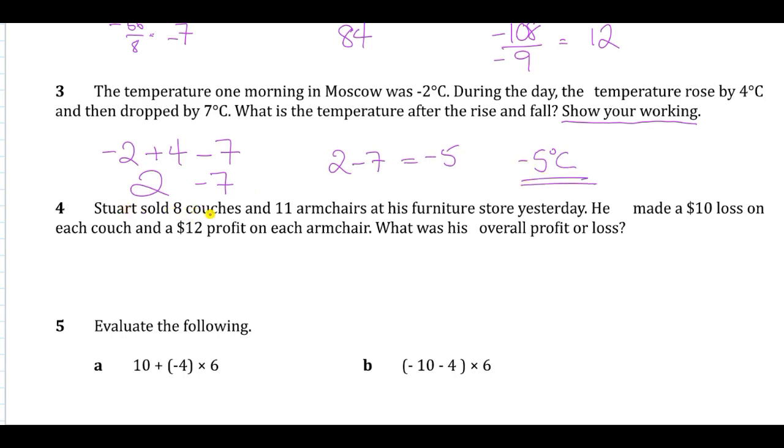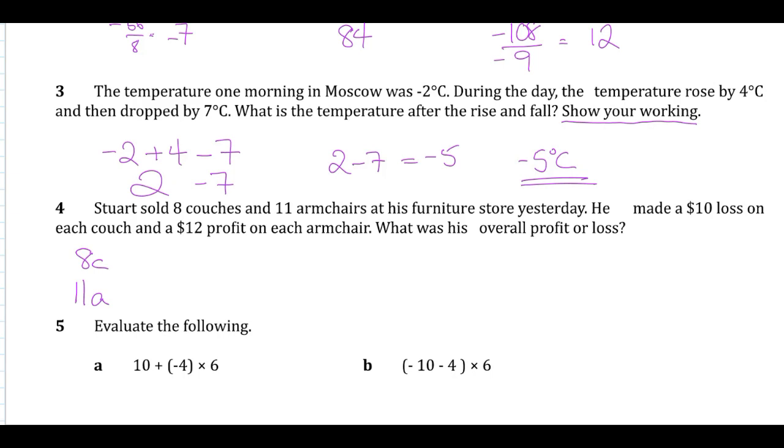Stuart sold 8 couches and 11 armchairs at the furniture store. He made a $10 loss on each couch and a $12 profit on each armchair. If he sold 8 couches, 11 armchairs, he lost $10 on each couch. We don't know the price of each item, but he sold 8 couches and made a $10 loss on each.